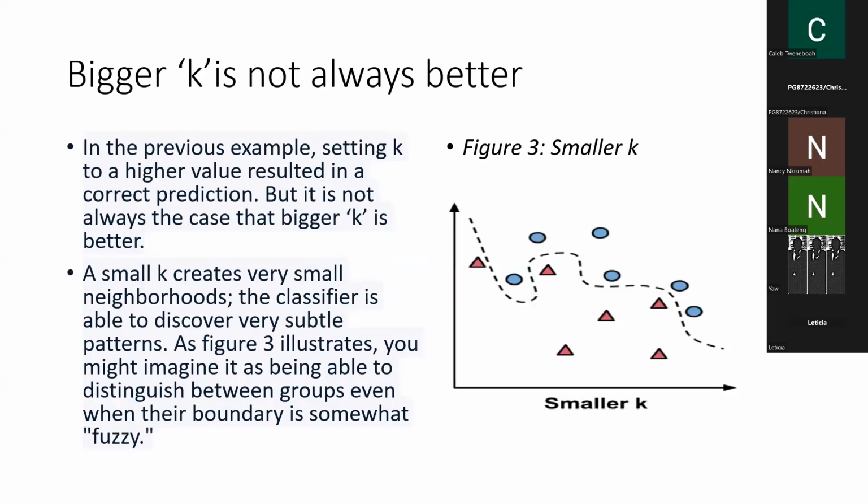Now, per our example, it was established that the higher the value of K, the better, isn't it? But it is not always like that. It is not always true that the bigger the K, the better. Sometimes the smaller the K, the better, because it is able to look at very subtle patterns.